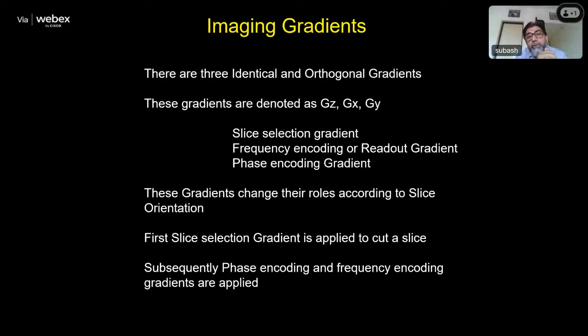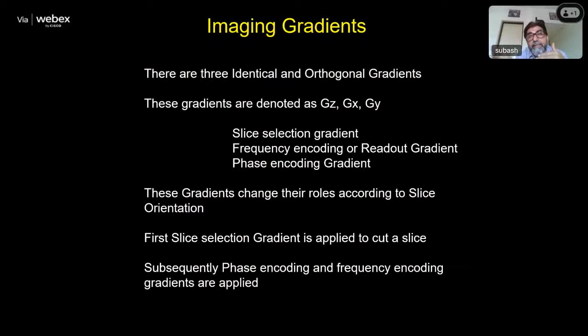Then the 2 other gradients will also be applied at different time periods, and these are called the frequency encoding or readout gradient and the phase encoding gradient. These gradients change their role according to slice orientation. If Z is working as slice selection, then X and Y will work as frequency encoding and phase encoding.